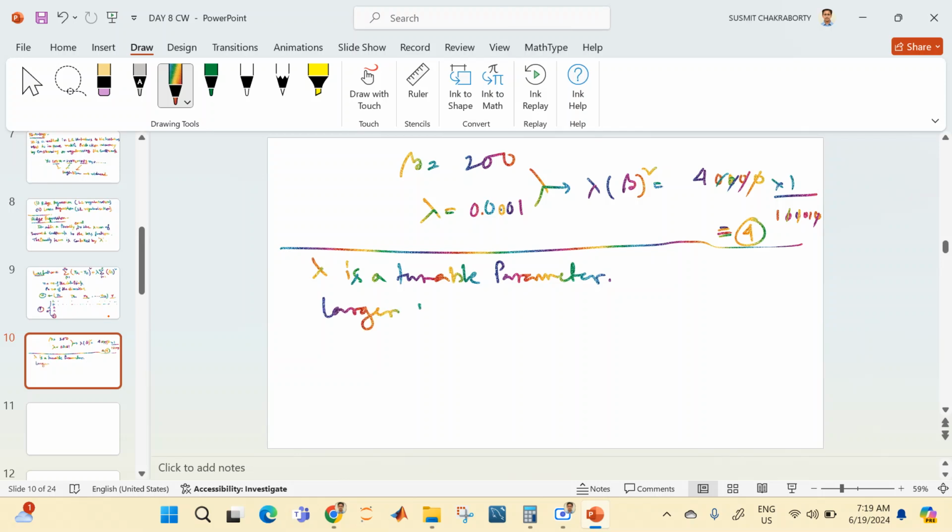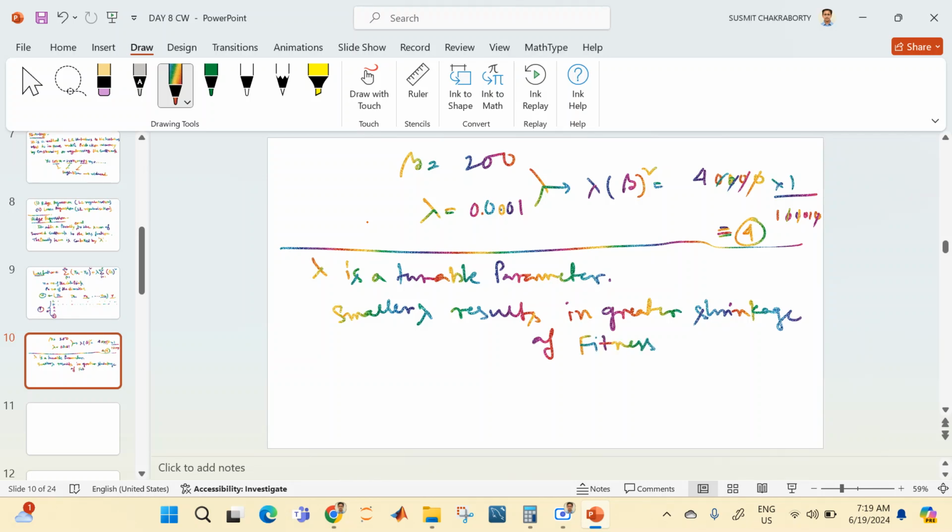A larger lambda results in greater shrinkage of the fitness function or loss function.